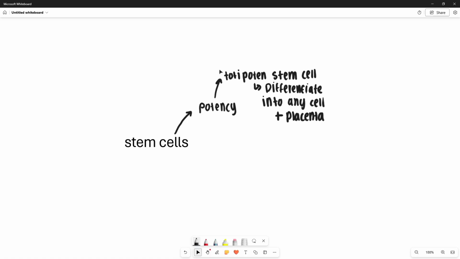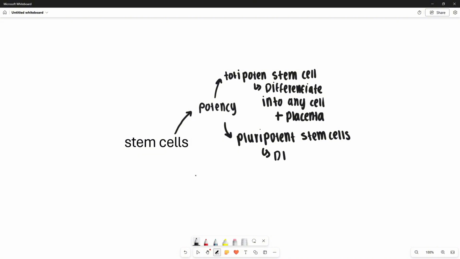Now we want to talk about another form of potency in stem cells, which is pluripotent. You probably had pluripotent, but there's an extra part of the definition that you need to really pay attention to. So let's make another branch. Pluripotent stem cells can turn into any cell excluding the placenta.